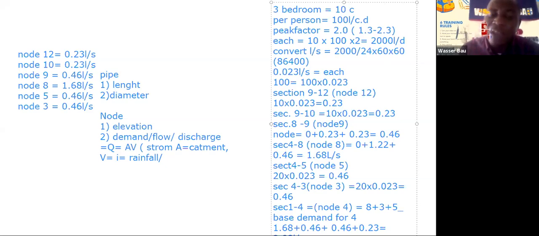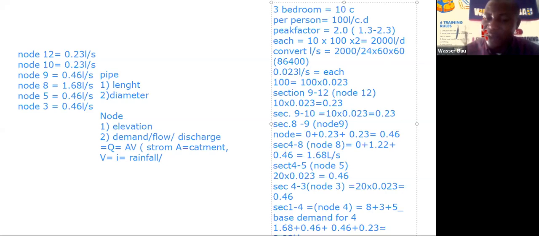So now we only have node 1 remaining. And after node 1, I don't think there are houses here. There are no base demand again. So the only thing we have here is just this node 2. So let's just assume 5 houses, for instance.